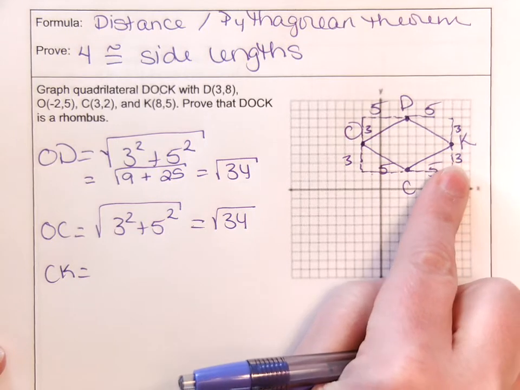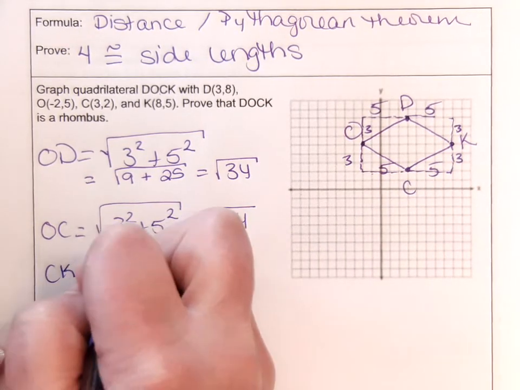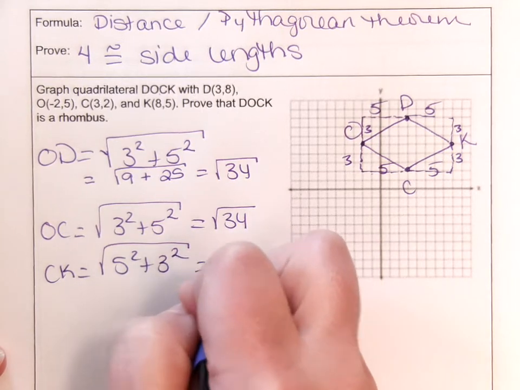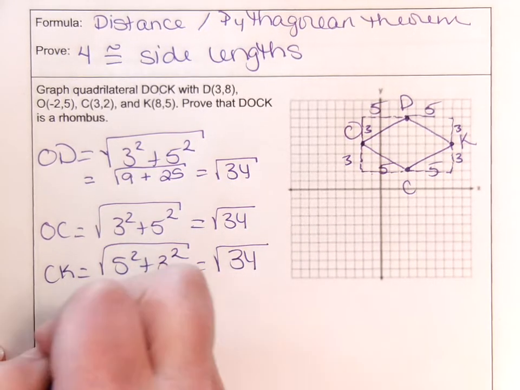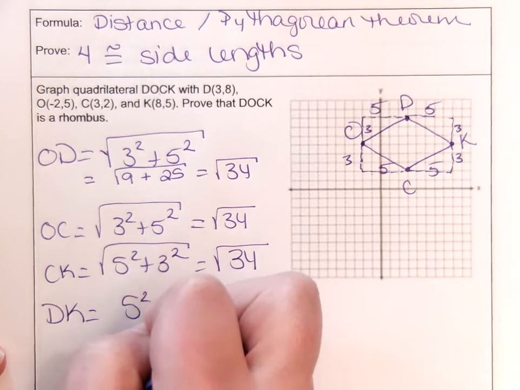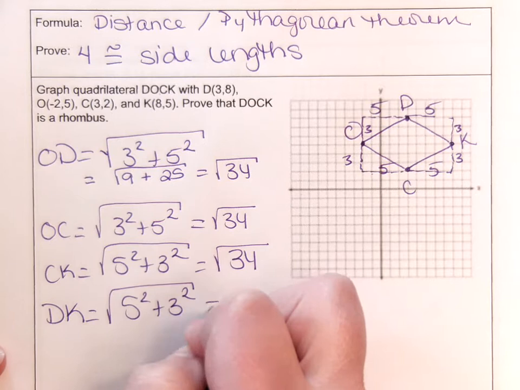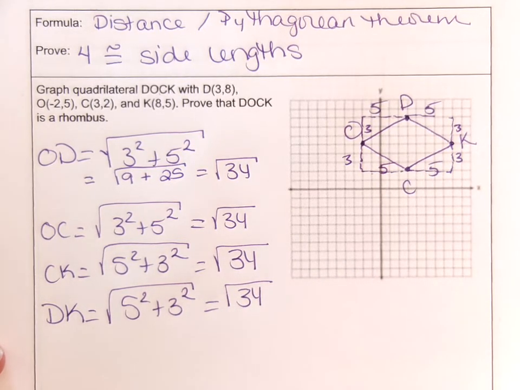And again, that's going to be 5 squared plus 3 squared. It really doesn't matter which order you put them in. I'm still going to get radical 34. And then DK. Again, I got 5 squared plus 3 squared. You could do it either order again, and I'm still going to get radical 34. And I've hardly done any work.